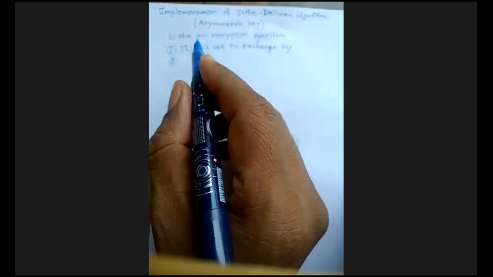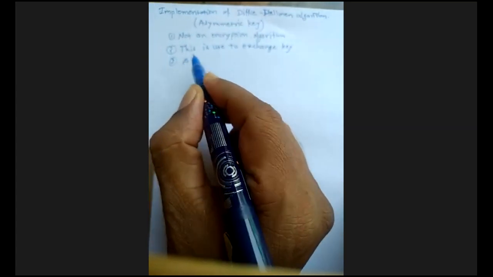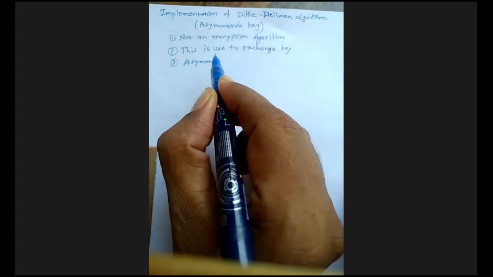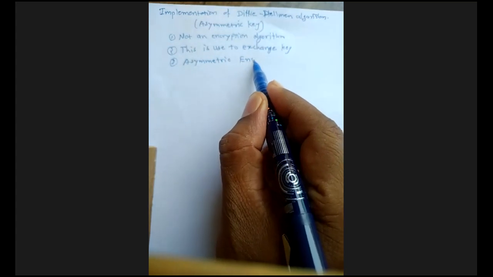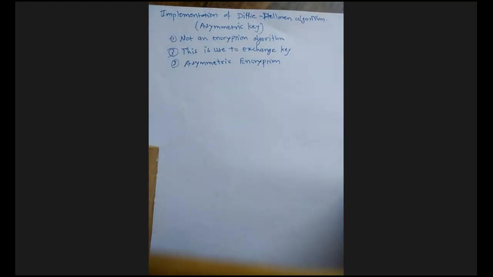So here you may say that it is asymmetric encryption. Another property. Suppose these are the three main properties that I have written. Okay. Now, but how can the key be exchanged?